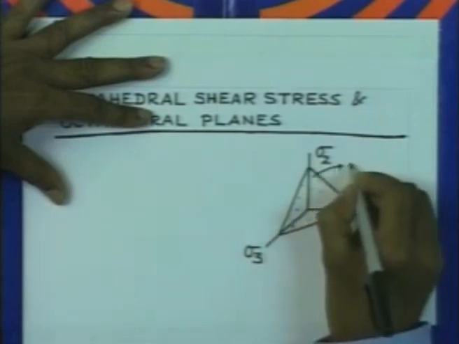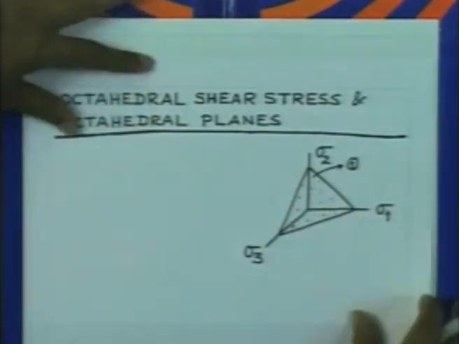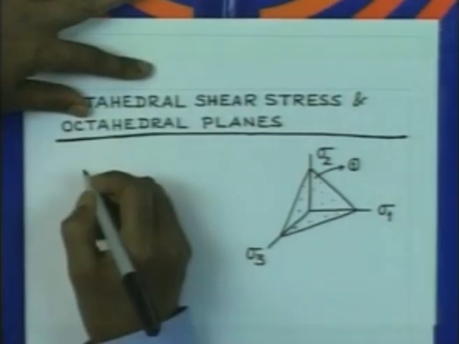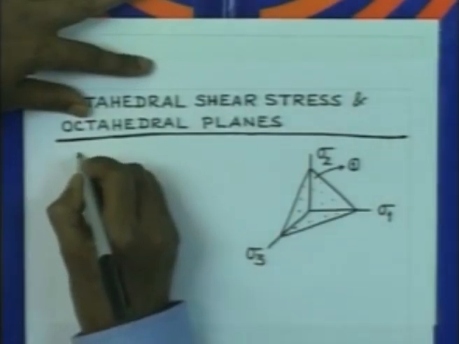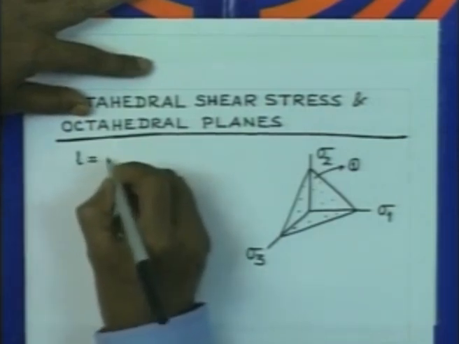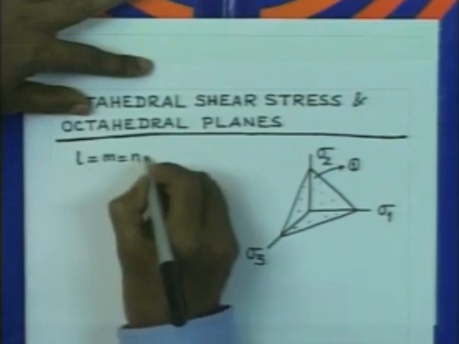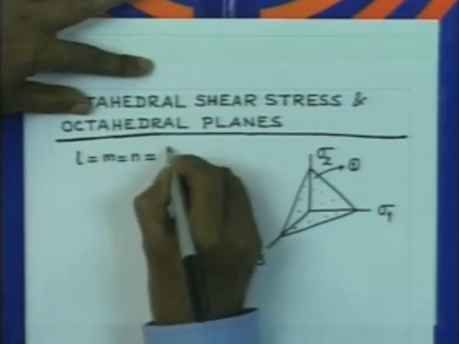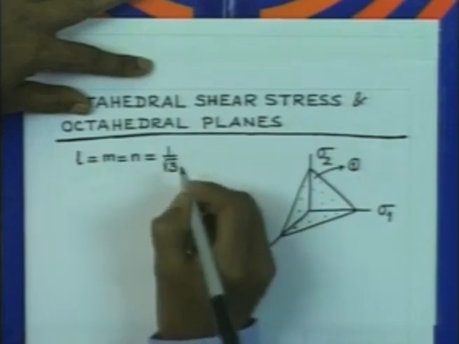Such a plane, let us say plane 1, is known as an octahedral plane. Obviously, you can understand that the direction cosines of this plane would be L equal to M equal to N, and it is going to be equal to 1 by root 3.